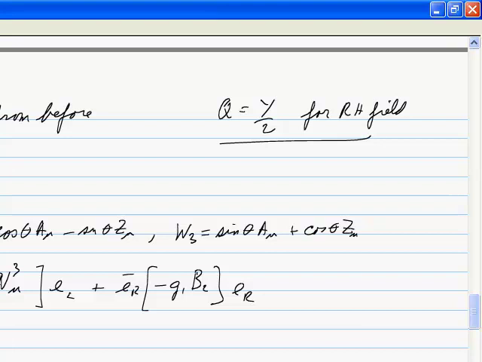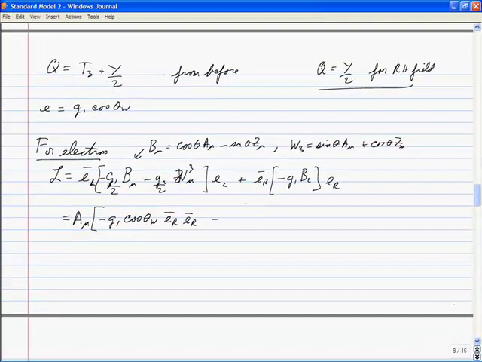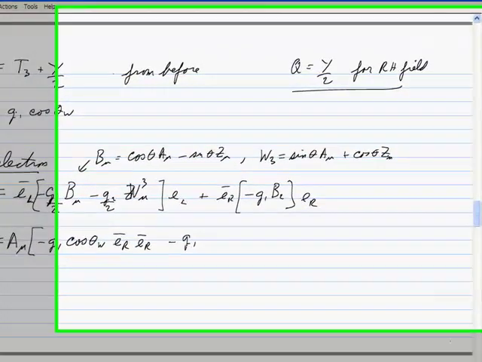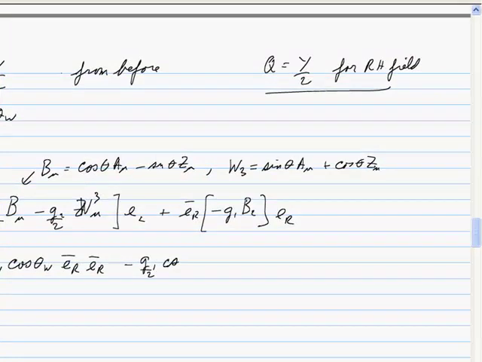I want to collect the A mu pieces, so I get minus G1 cosine theta W E bar right E right, and then I get G1 over 2 cosine theta W plus G2 sine theta W over 2, E bar left E left.